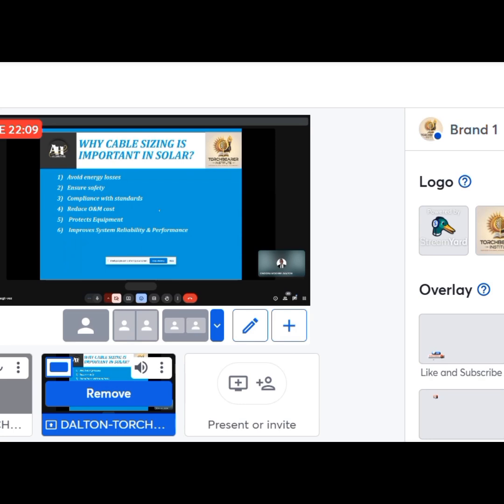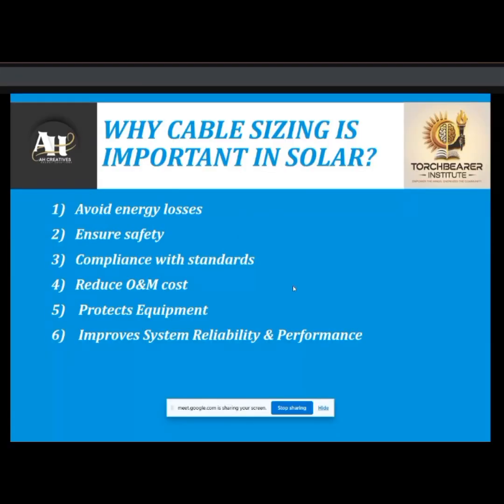The other important factor is reduced O&M cost. When the cable is properly sized, it will not get damaged due to heating and many other reasons, and it will not affect the equipment. Due to that, the operation and maintenance cost of the company is reduced, because when the EPC company has installed the power plant, they sign 2 to 3 years of operation and maintenance of the plant.